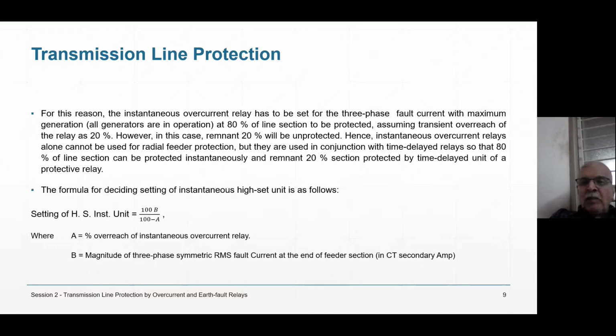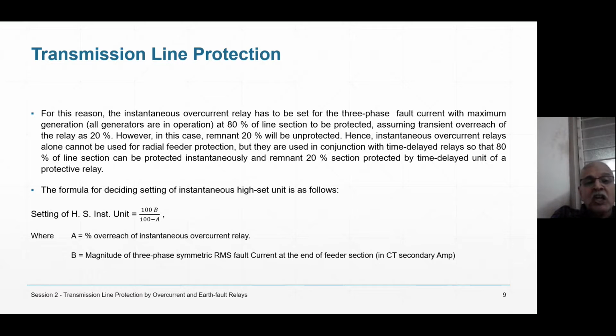The next problem is that no doubt for these instantaneous overcurrent relays, as we are talking, 20% as I told you, but if you don't want to assume 20%, and if relay manufacturer gives you what is his overreach, so often relay manufacturers are giving a percentage overreach of instantaneous overcurrent relay.